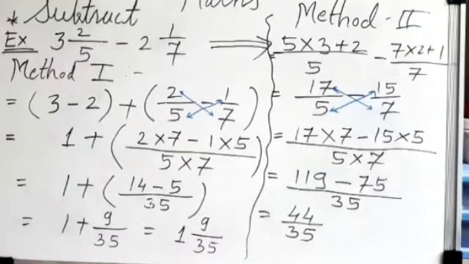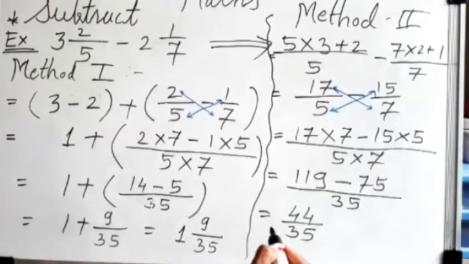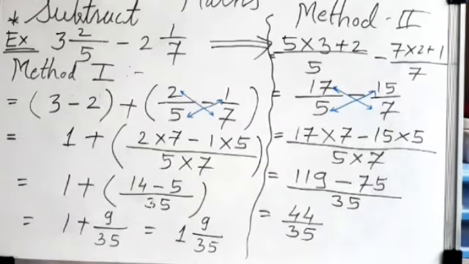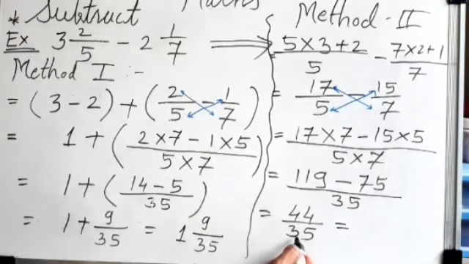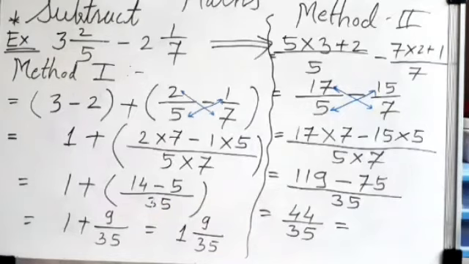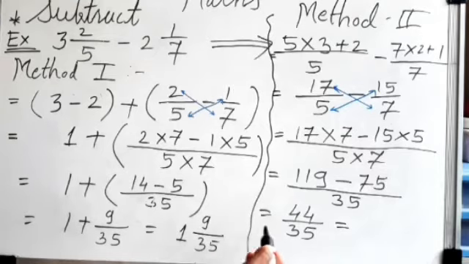Now what is the last step again? This you have to convert again into a mixed number. So what you have to do? You have to divide 44 by 35. As I told you, in mind also we can do, but now you have to prepare the table of 35. As in addition, one example I made the 35 table, so you can see that also, or you can make the 35 table. 35 ones are 35, 35 twos are 70 will come.